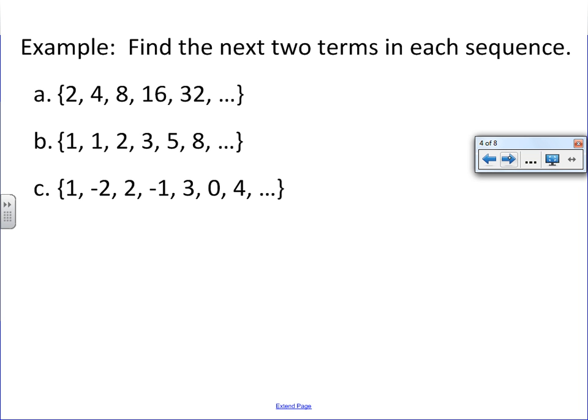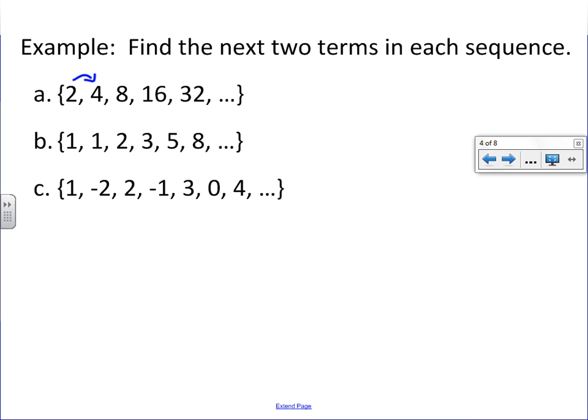It says find the next two terms in each sequence. Before we can find the next two terms, we have to figure out what the rule is. To get from 2 to 4 here, I could say plus 2. Well, if I take 4 plus 2, will that give me 8? No, it won't. So I have to find another way to get it.